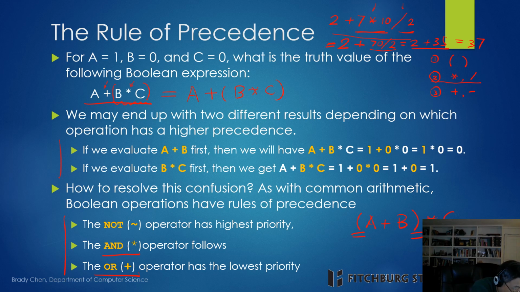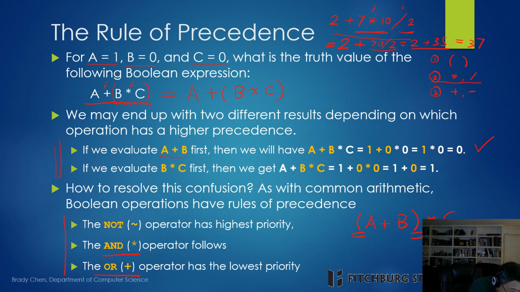So here's the example, right? If we take a value like A equals 1, B equals 0, C equals 0. Now if we evaluate the OR operation A or B first, and then evaluate the AND operation later, then you get the result 0.